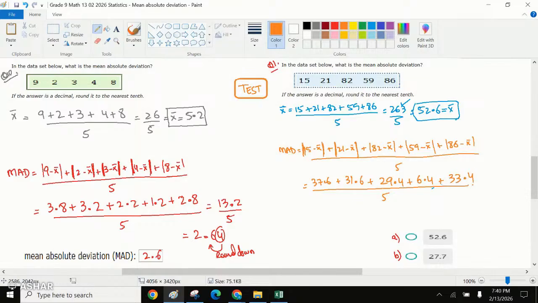Okay, I've helped you out till here. Give me the final answer, please. Can you give me the final answer? Option A or option B?